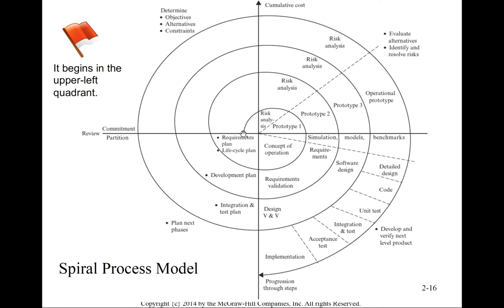So it starts from this top left quadrant, it goes like this. So each times around, we identify some risk and we create a prototype to address the risk. And then start to formulate the concept, and then here get through the requirements and do more planning. And each time around, going around the spiral, you add more information.